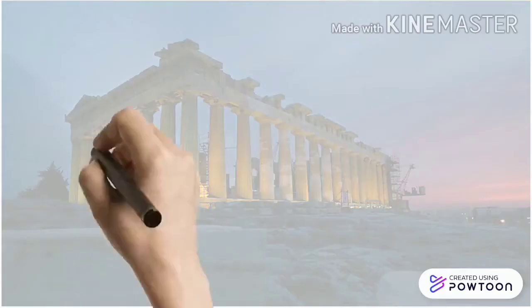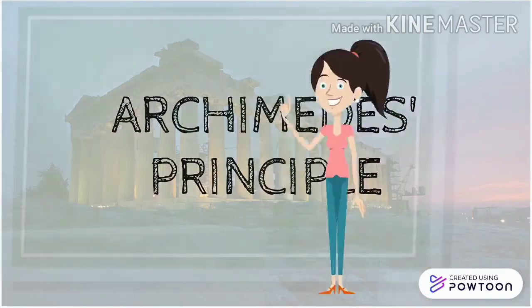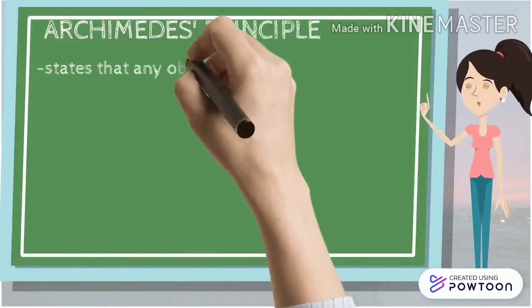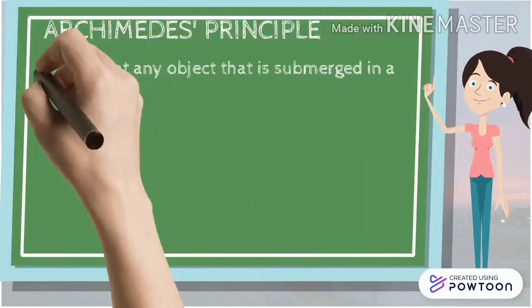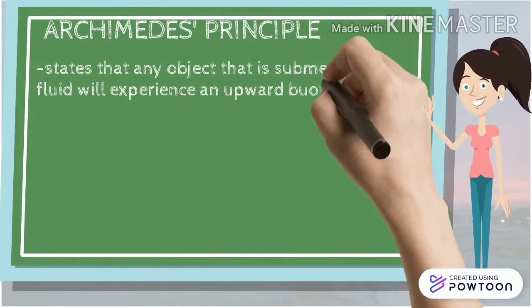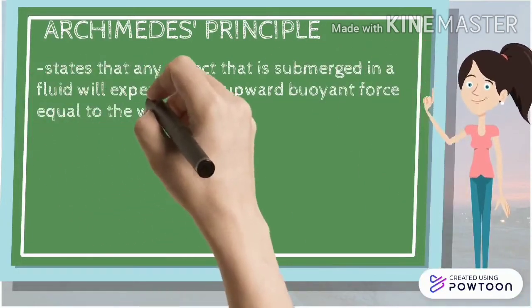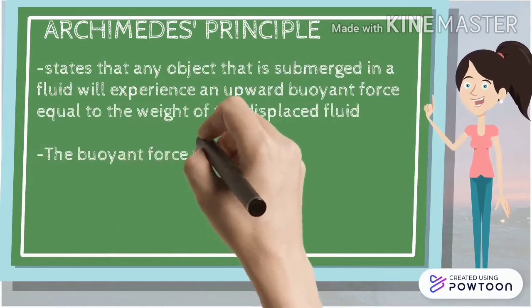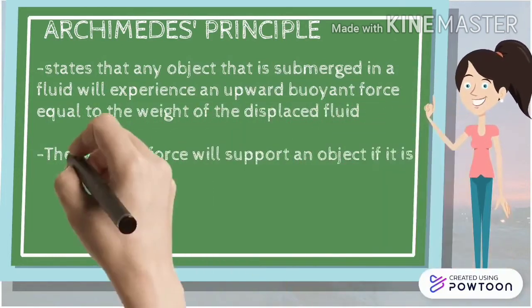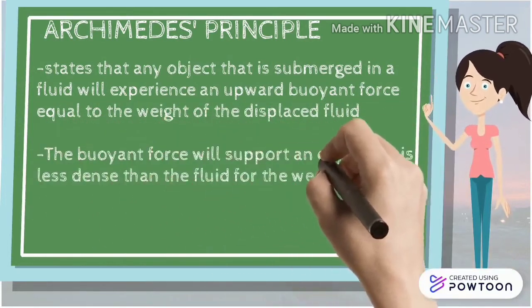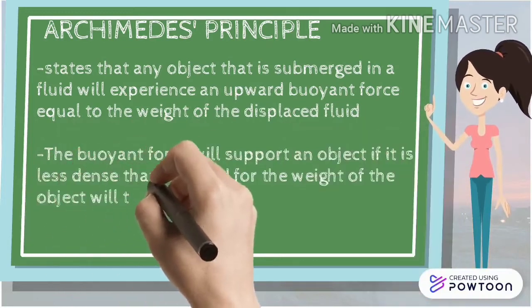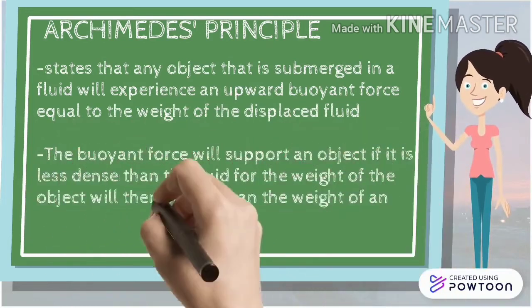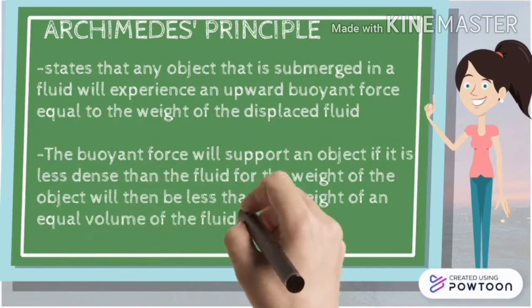The answer to this is outlined in the Archimedes Principle, which states that any object that is submerged in a fluid will experience an upward buoyant force equal to the weight of the displaced fluid. The buoyant force will support an object if it is less dense than the fluid, for the weight of the object will then be less than the weight of an equal volume of the fluid.